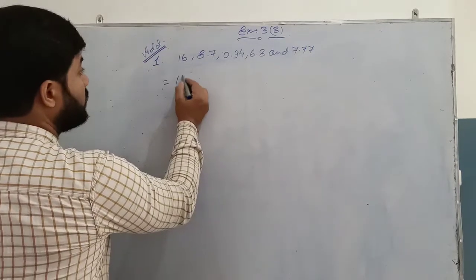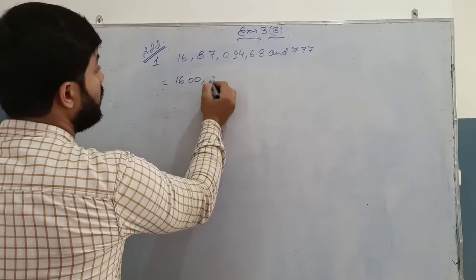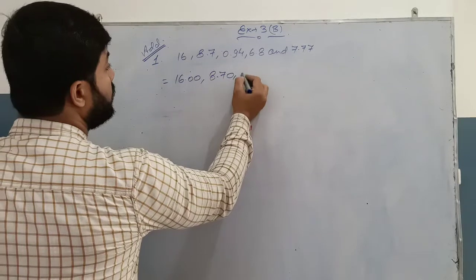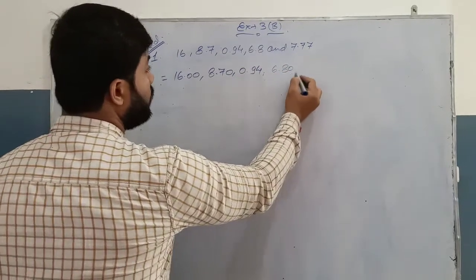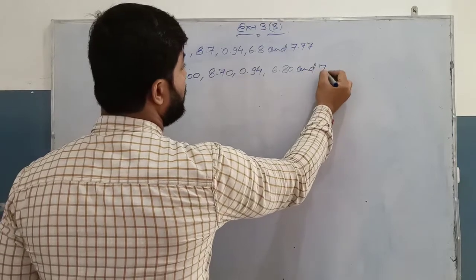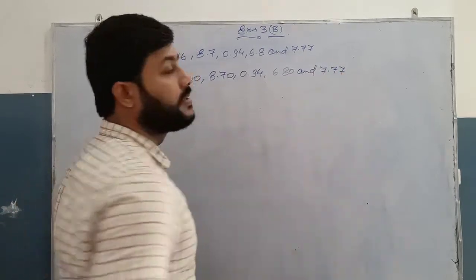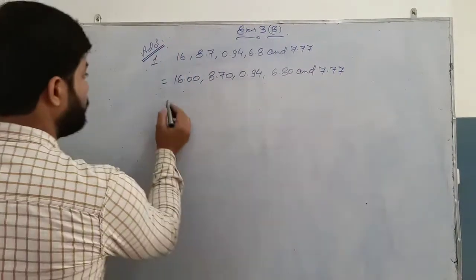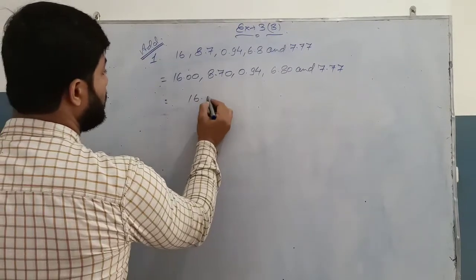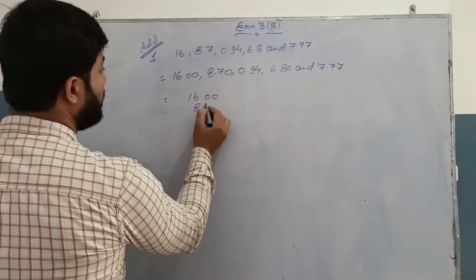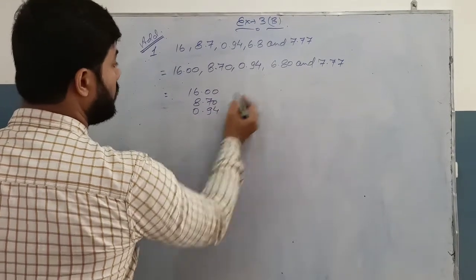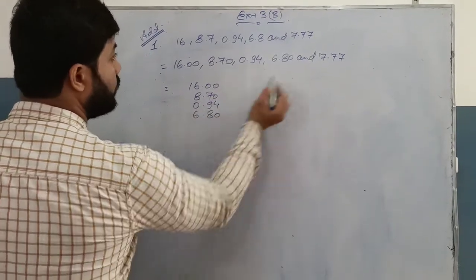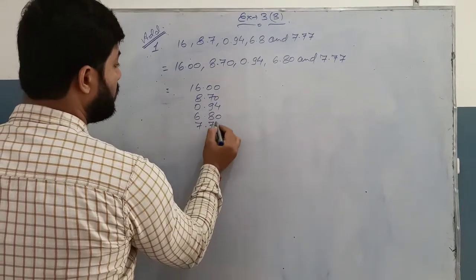So we convert them to 16.00, 8.70, 0.94, 6.80 and 7.77. Now we will add them.